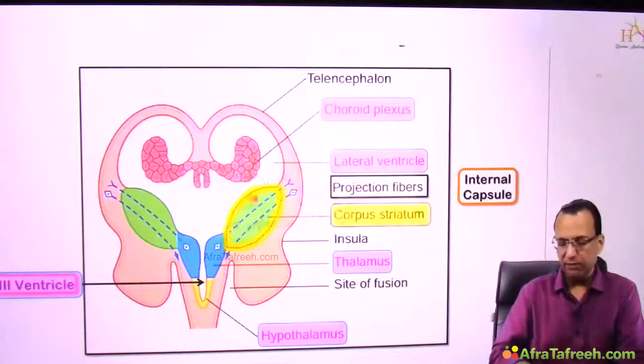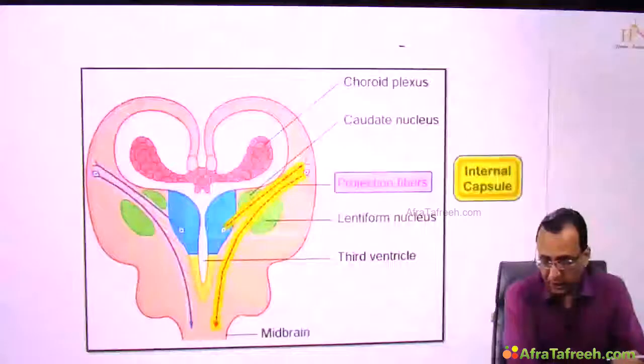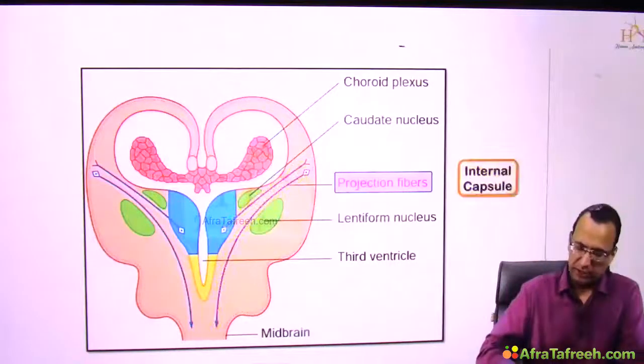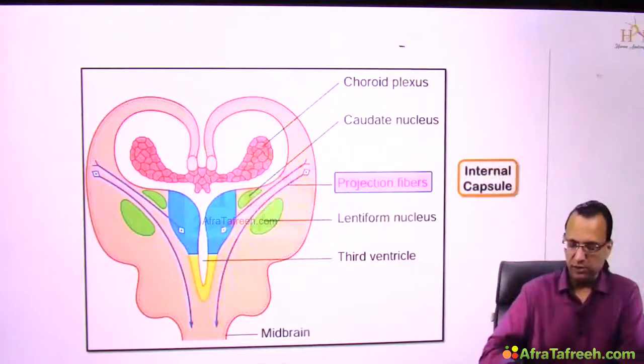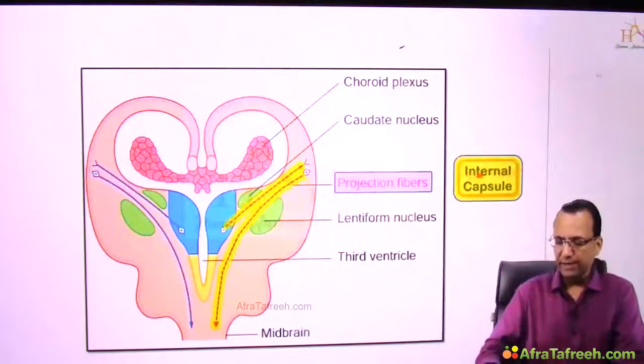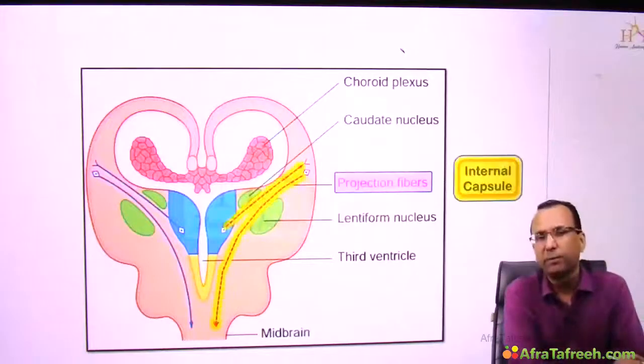Let us look at a diagram which will tell you about the details, the next part of the diagram. See, this is where you are showing some projection fibers, some collection of axons connecting the upper brain center with the lower brain center and vice versa. The internal capsule bisects the corpus striatum of the basal ganglia into two parts.